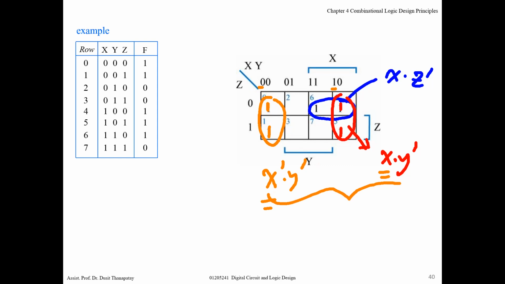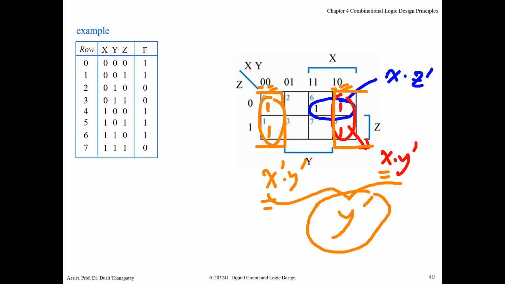So you can combine them together and the result is y prime. That means actually you can select these four cells together and consider the product term at the same time. Actually, find out the common value. Namely, these four cells have the same value of y is 0, but the values of x and z are different, so the different values will disappear in the product term.